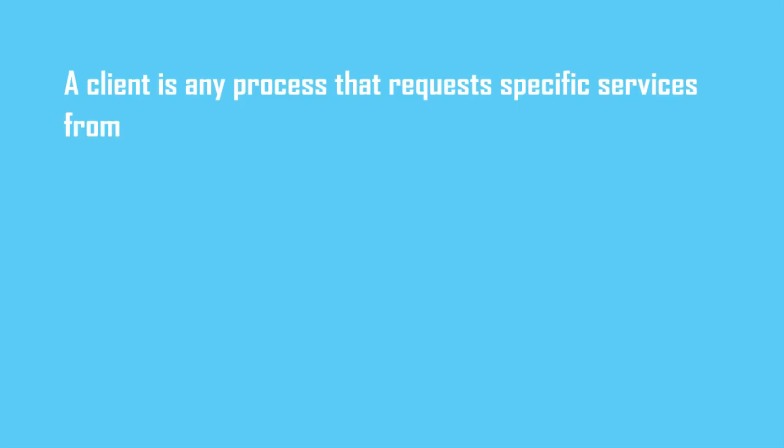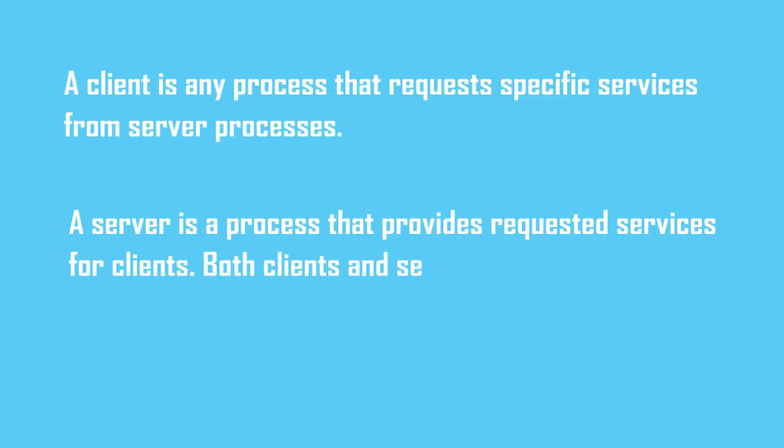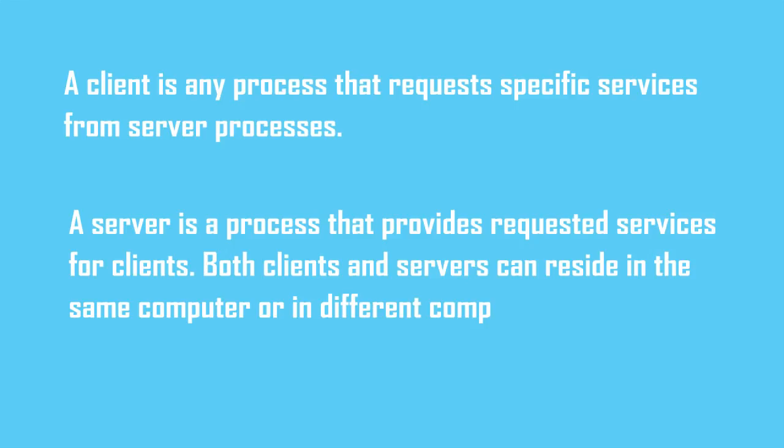So what is a client? A client is any process that requires specific services from server processes. And then what is a server? A server is a process that provides requested services for the clients. Both clients and servers can reside in the same computer or in different computers, but they have to be connected by a network.